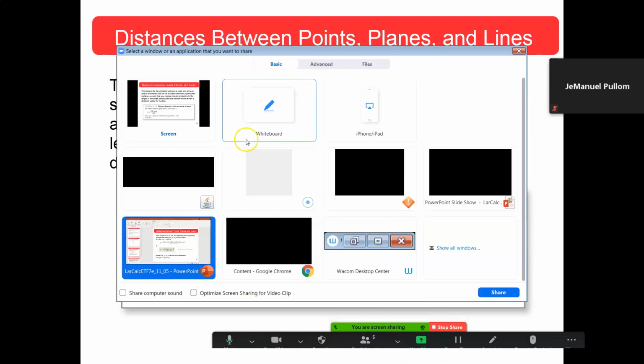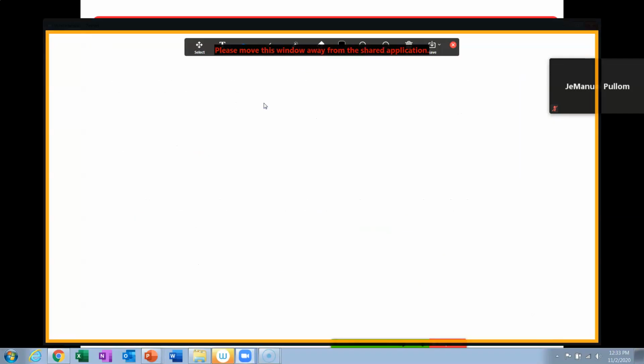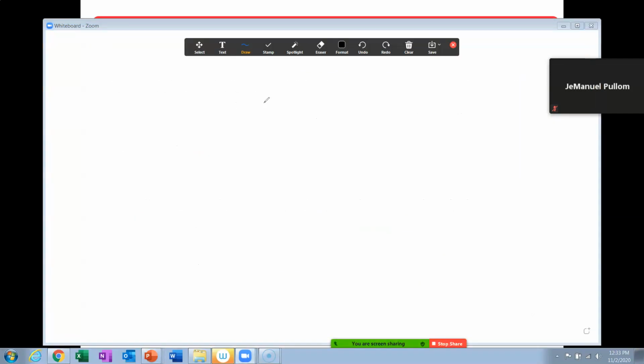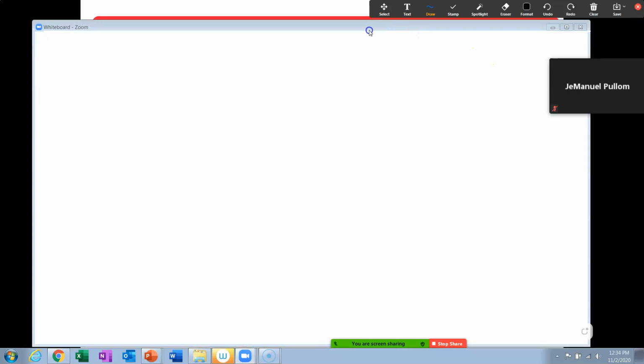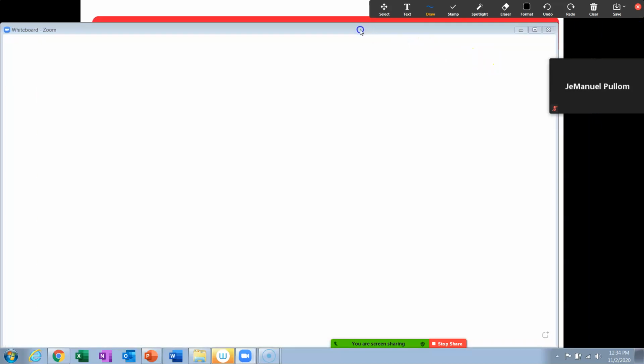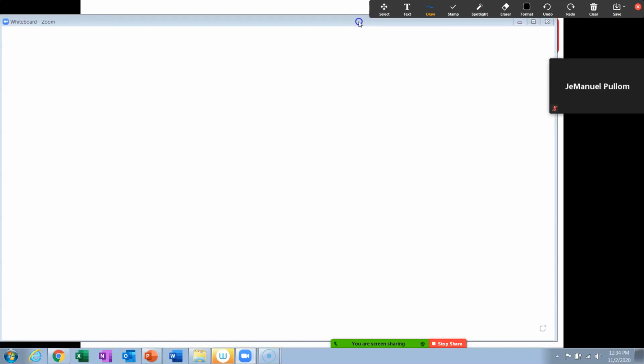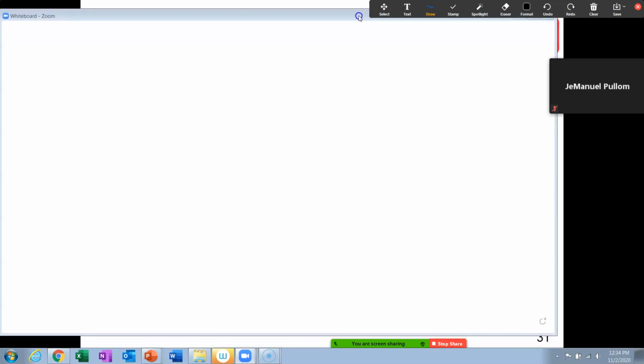the whiteboard. Sorry, my hands are just freezing. So let me get this taskbar out of the way here and move the whiteboard as far left and up as I can get away with to give me maximum white space.